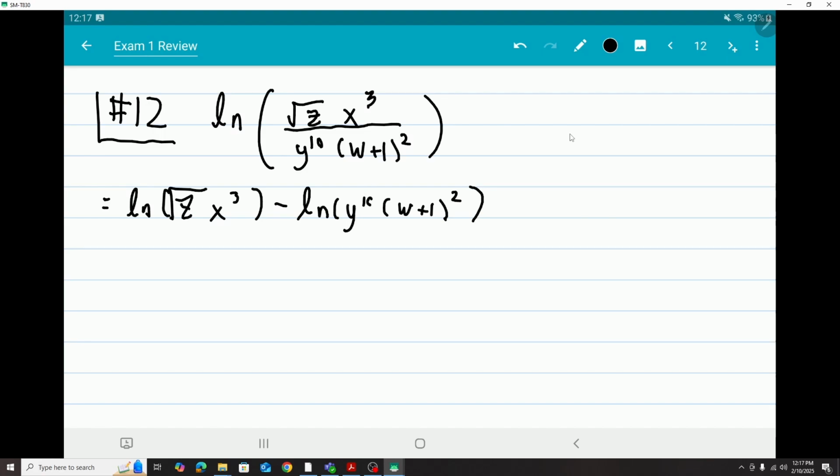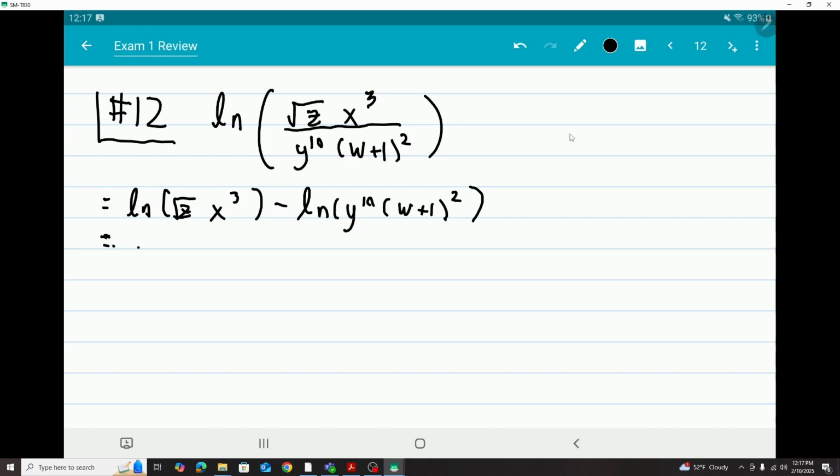It's a little bit like a 9. And we can clean this up too while we're here. All right, so we've turned the fraction into 2 different logarithms. And now we can repeat what we did in number 11 and just split up these two on their own.